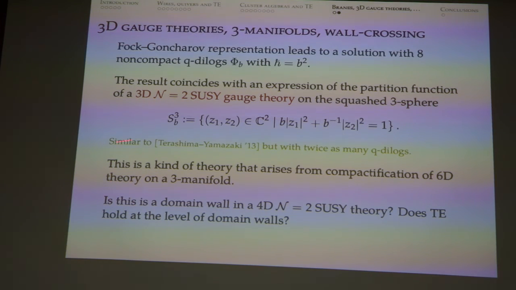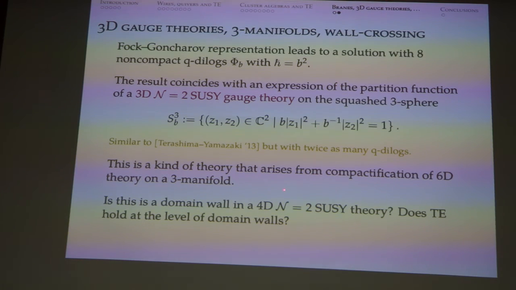So there's a vast field called the 3D-3D correspondence, which studies this compactification of the 6-dimensional theory on 3-manifolds, and so the geometry of the 3-manifold is reflected in the 3-dimensional theory you obtain by this kind of compactification. And this 3-dimensional theory, which is related to the tetrahedron equation, is exactly the kind of theory you can obtain from this kind of compactification.